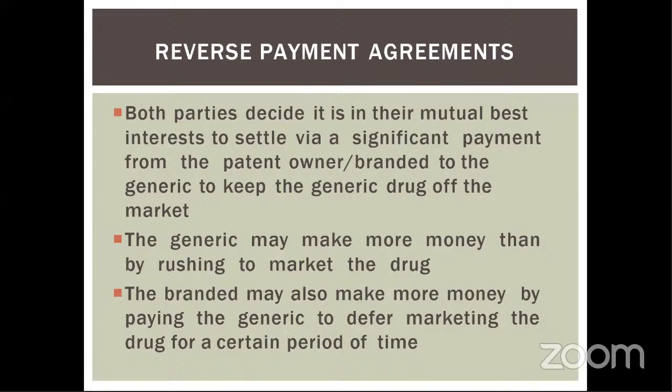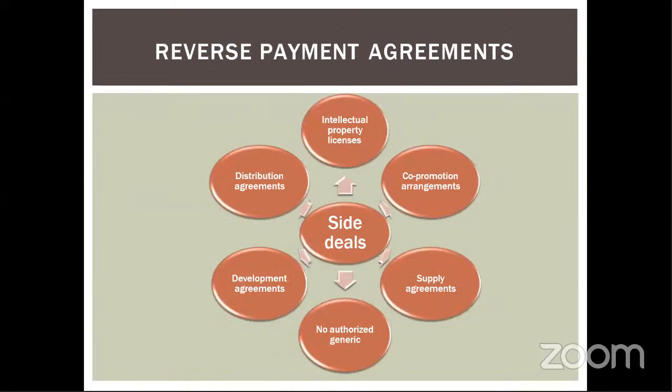So this is about reverse payment agreement. Here see, there are 6 side deals in total: IPR, intellectual property license, co-promotion arrangement, supply arrangement, no authorized generic, development agreement, and distribution agreement. All these are the side deals for reverse payment agreement.